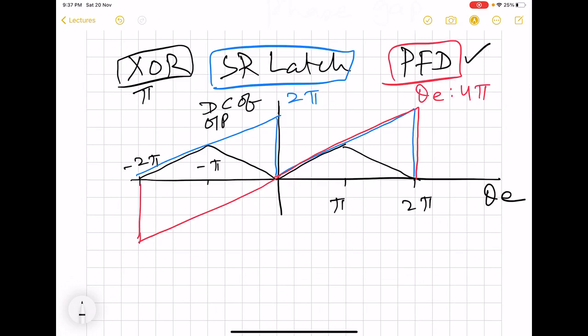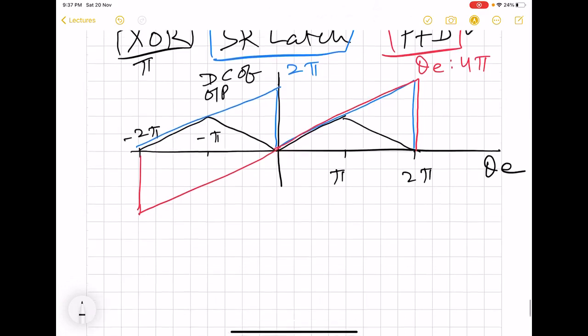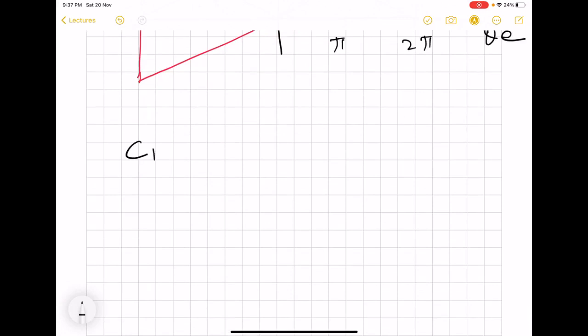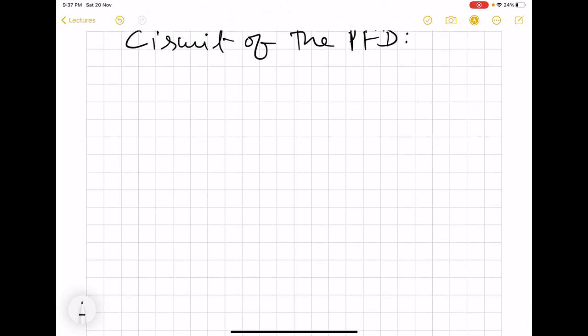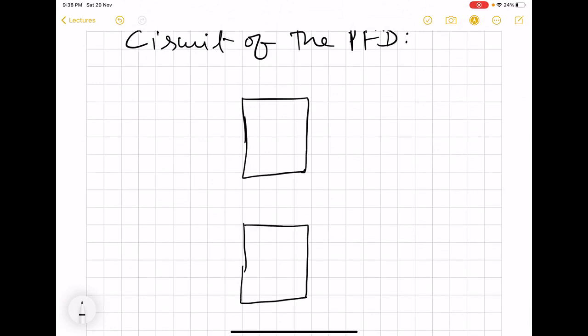Now for this PFD, we will first try to see the circuit, one of the possible implementations. It can be implemented with the help of 2 D flip-flops, where the inputs will be fed to their clock inputs, and the D input will always be maintained at value 1.